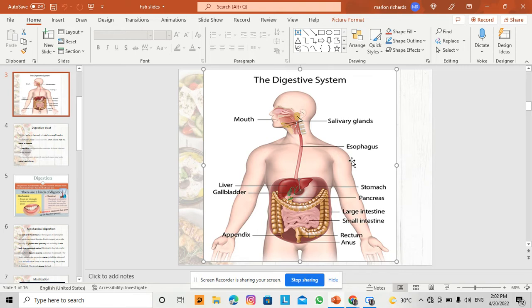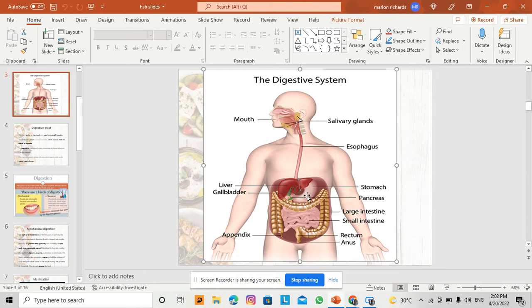The pepsin is known for acting on the nutrient protein to produce the products called peptides and amino acids. When that food is broken down in the stomach, it then passes on.